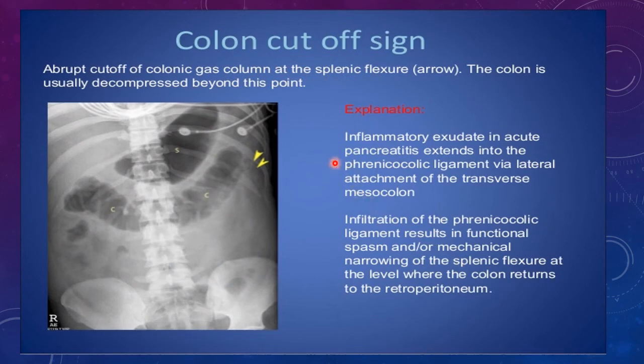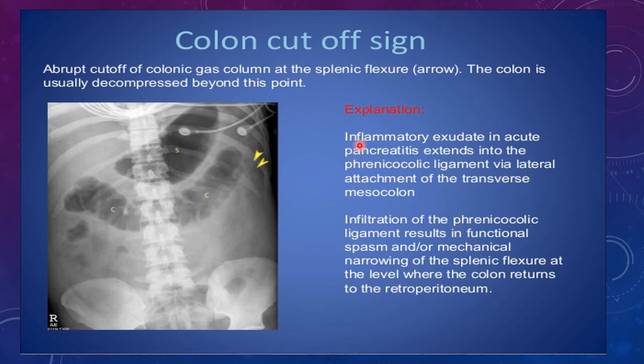This is the plain X-ray of a patient with acute pancreatitis. It shows the classical colonic cutoff sign, where the transverse colon is dilated and is limited to the transverse colon, while the ascending colon and the splenic flexure are collapsed.